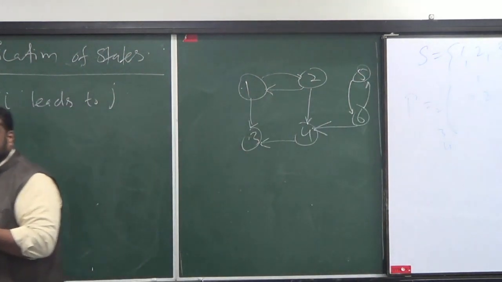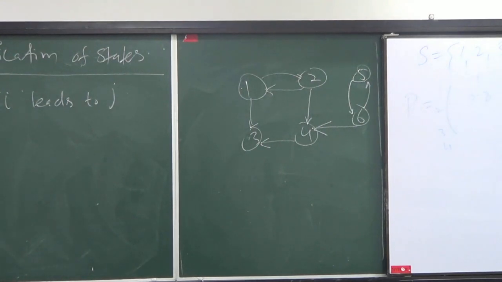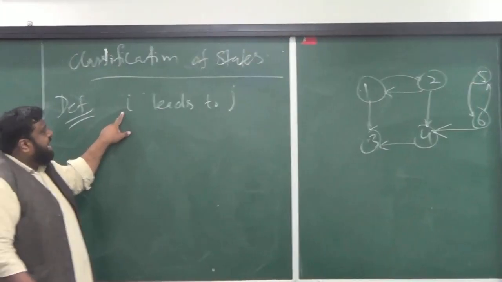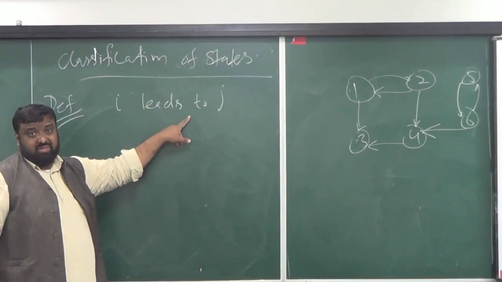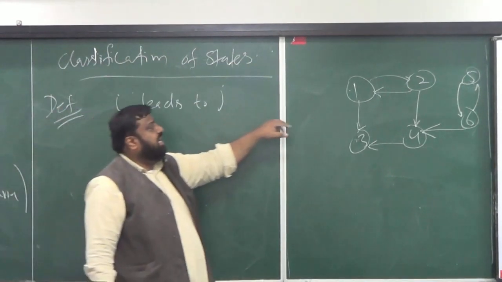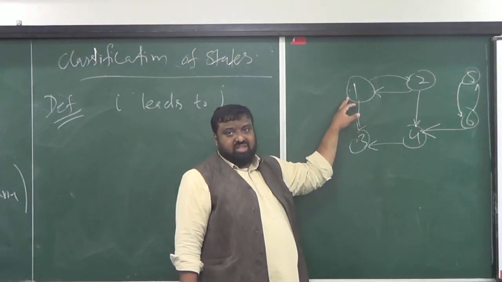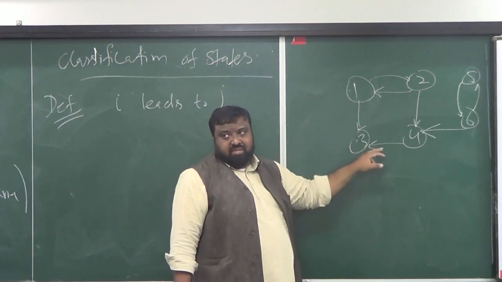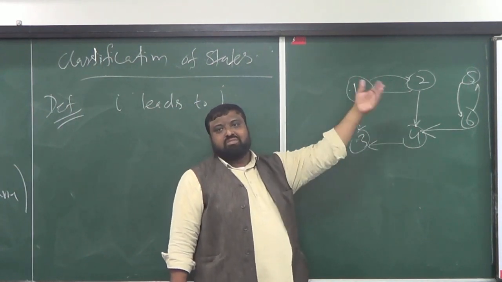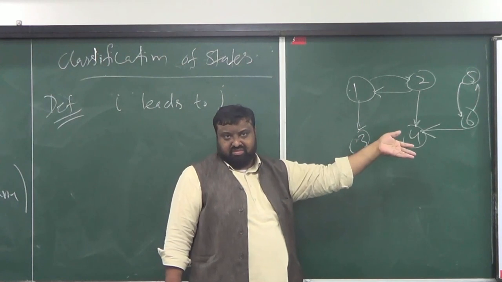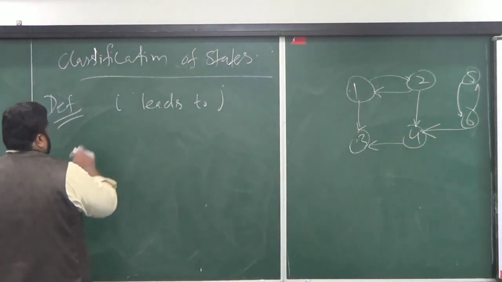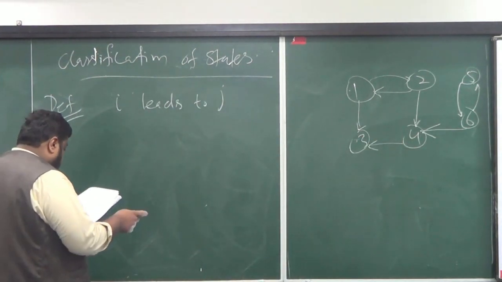I'm not writing probabilities. So when I'm saying I leads to J, it simply means I can start from the state I, and after making some number of movements, I can reach the state J. So I leads to J. What does it mean?